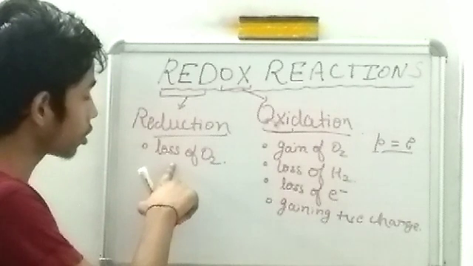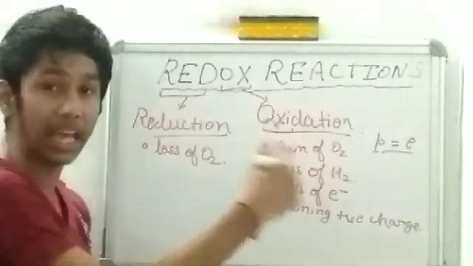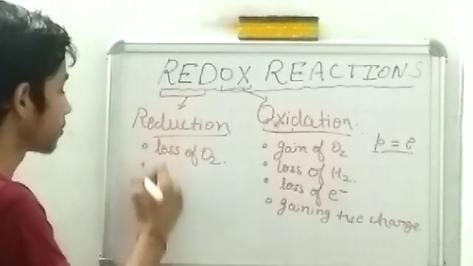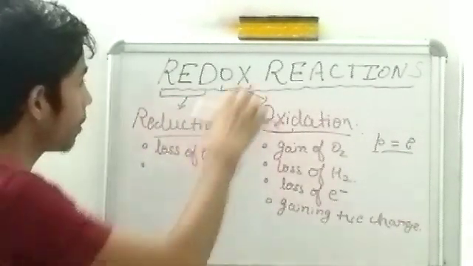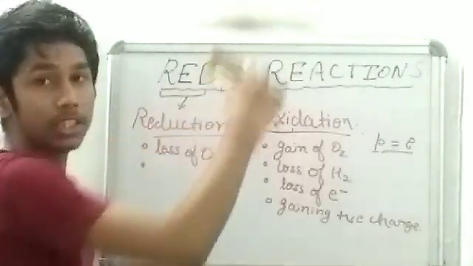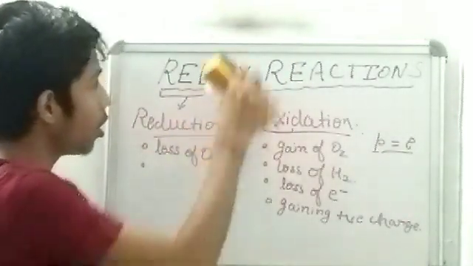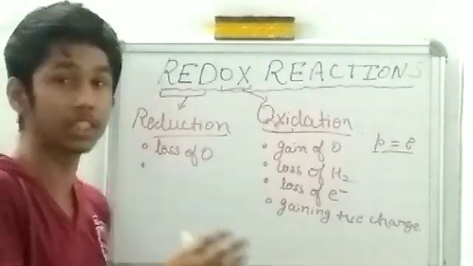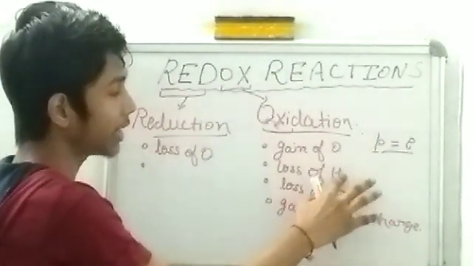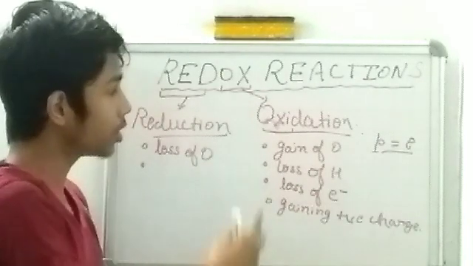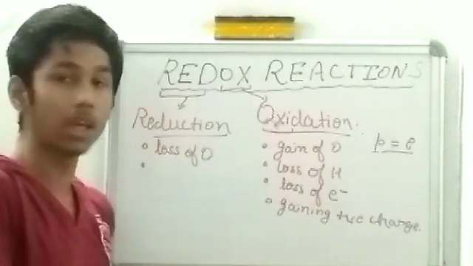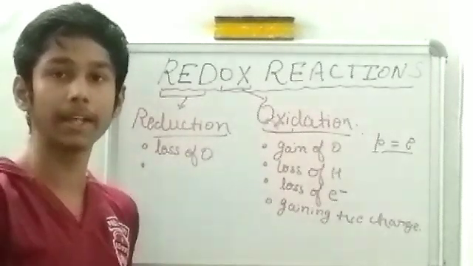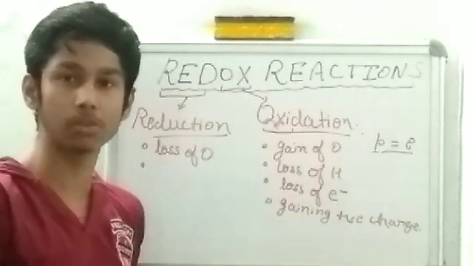Here it was gain of oxygen, but here it is loss of oxygen. Now, don't confuse O2 with oxygen gas. It is basically the oxygen atom and hydrogen atom. It is not necessary that an element will only gain or lose oxygen gas or hydrogen gas; it can deal with oxygen and hydrogen atoms as well.